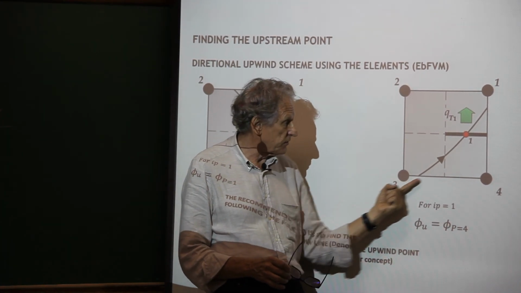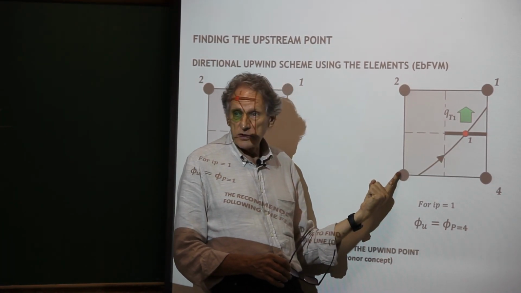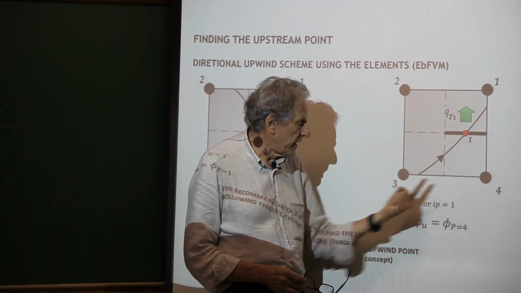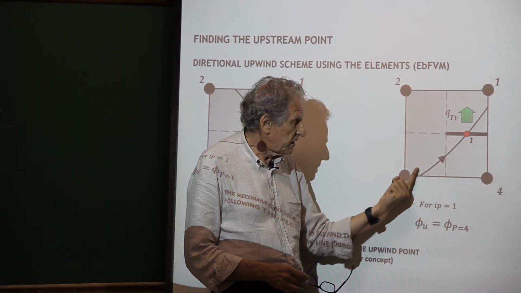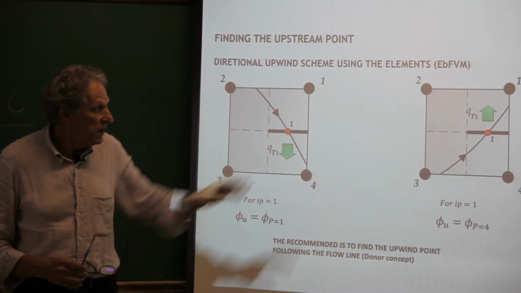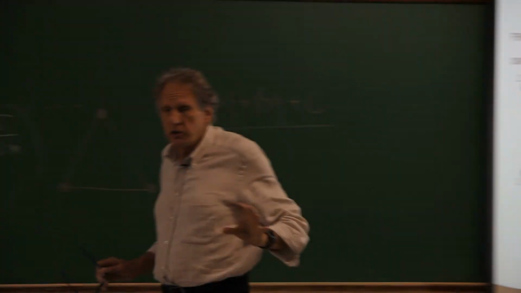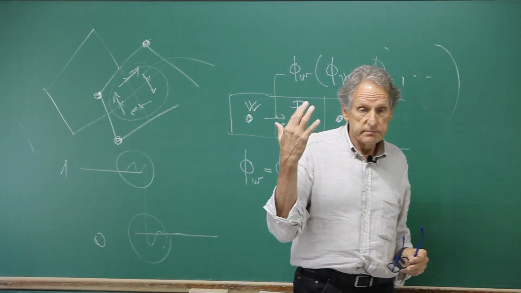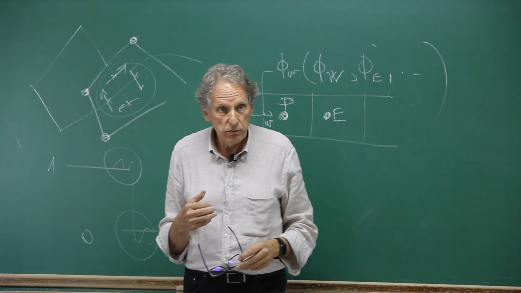But if the flow comes from this position, this point is also influencing. And then you could do a summation of these two, but it doesn't guarantee you positive coefficients. If you do pure upstream, you are guaranteed positive coefficients, but you are also carrying some numerical diffusion.